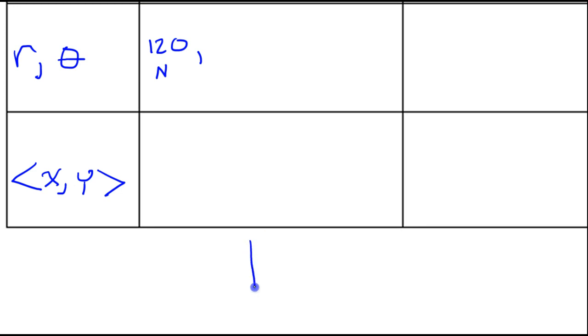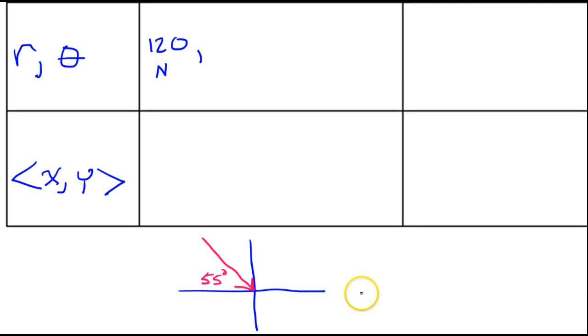So let's draw ourselves a little diagram. Mary was pushing at an angle of 55 degrees with the horizontal. So that vector was looking something like this. And this was 55 degrees with the horizontal.